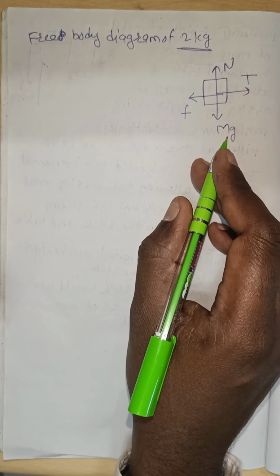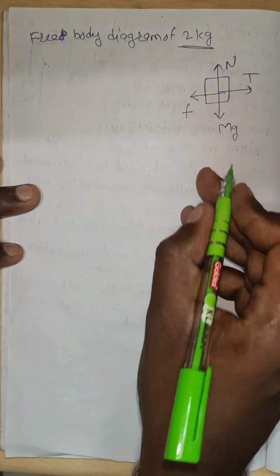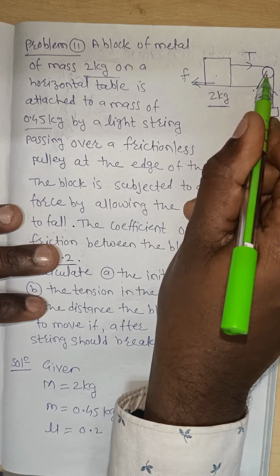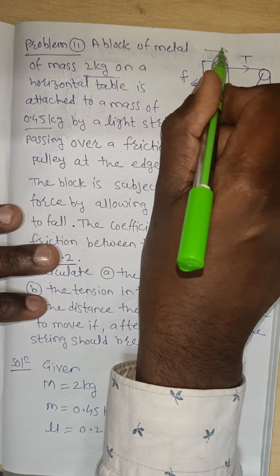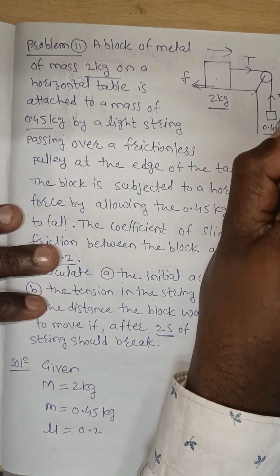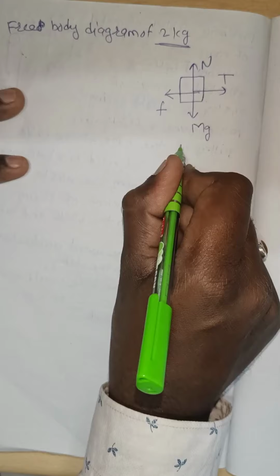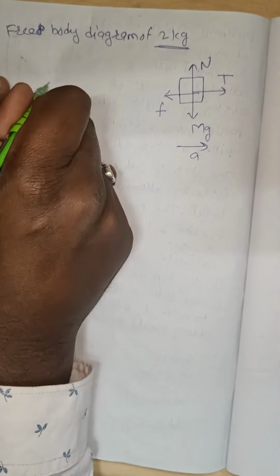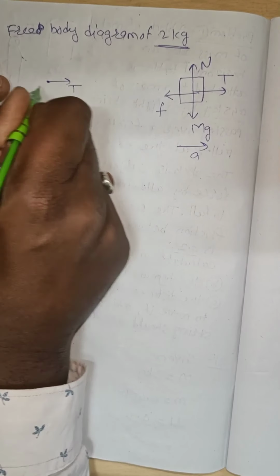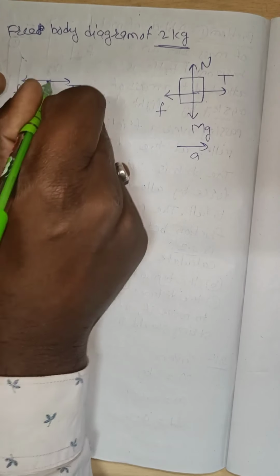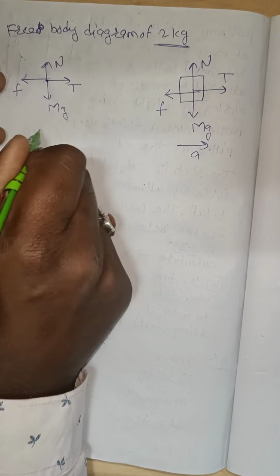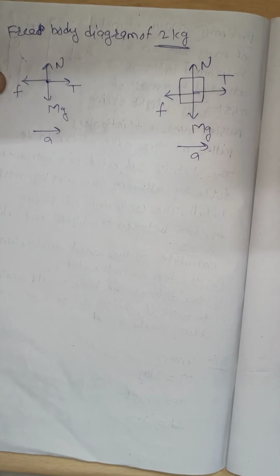This block will move to the right, towards the equilibrium position, and the other block will move downward. Therefore this is the direction of acceleration. So the free body diagram shows the tension, the friction, the normal reaction, the gravitational force, and the direction of acceleration.